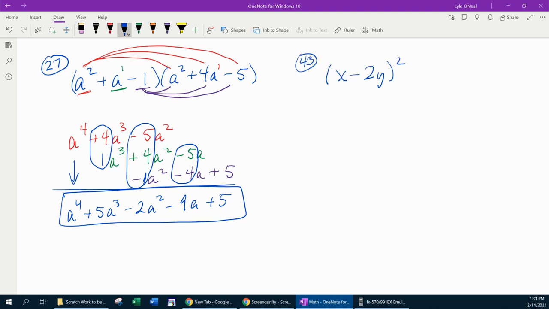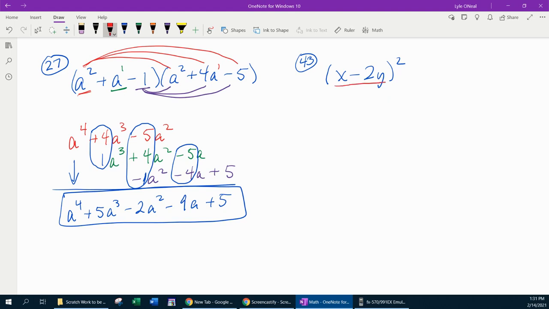And the last example we're going to look at in this lesson, number 43. On the surface, you may not see that as polynomial multiplication, but you need to understand what it means to square something. Remember, to square anything means to multiply by itself.